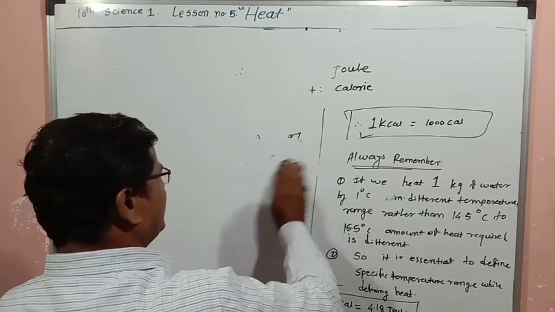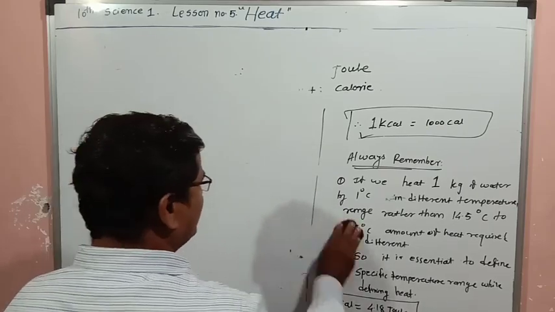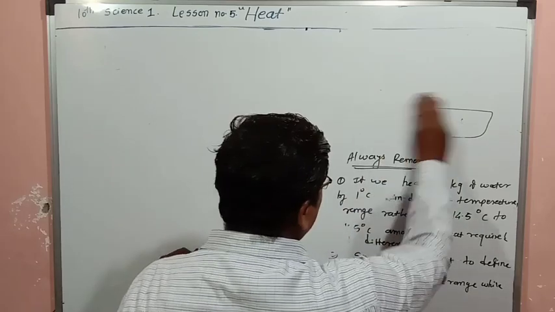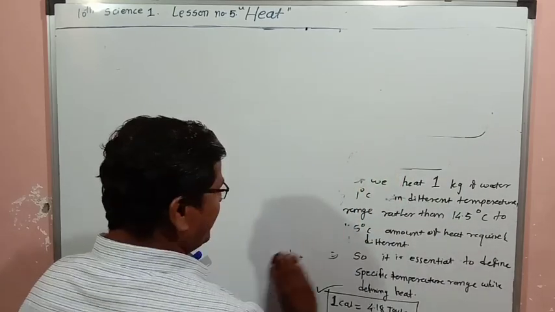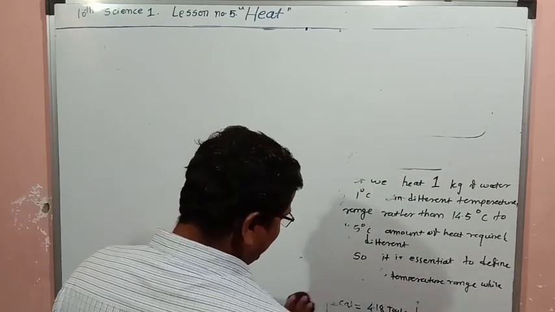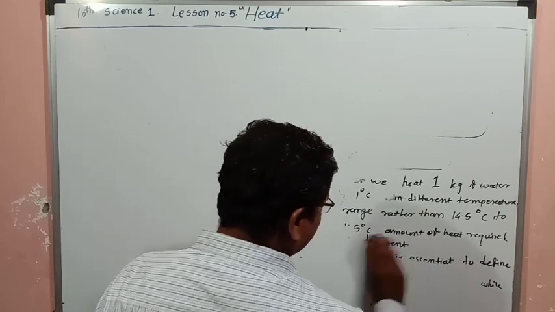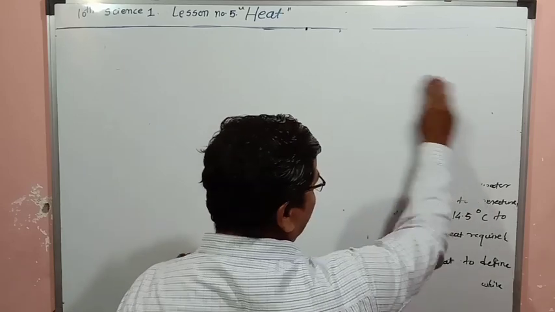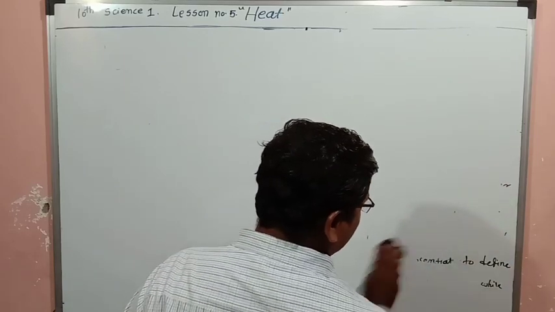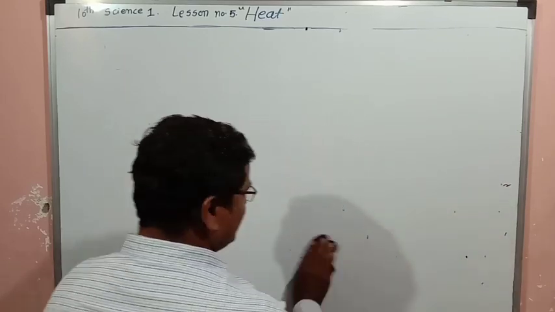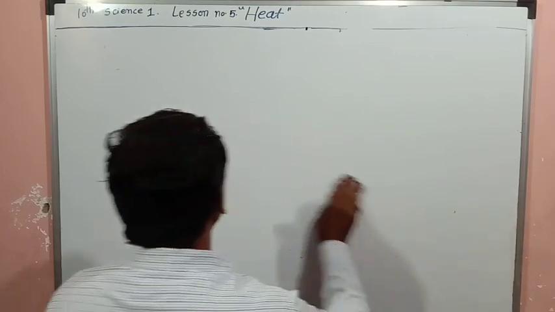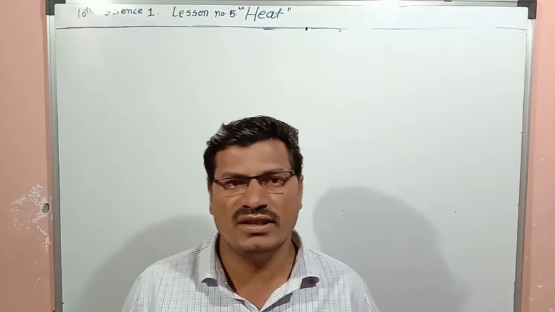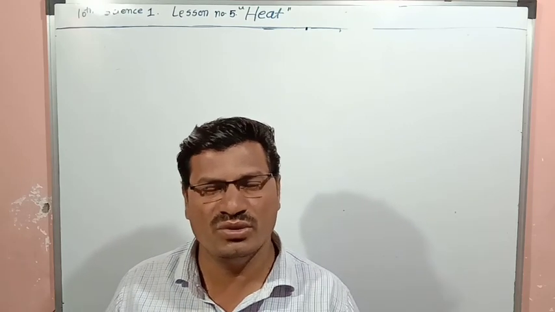He showed for the first time that the kinetic energy of the particles of a substance is converted into heat. Another thing he told: heat energy can be converted into work.